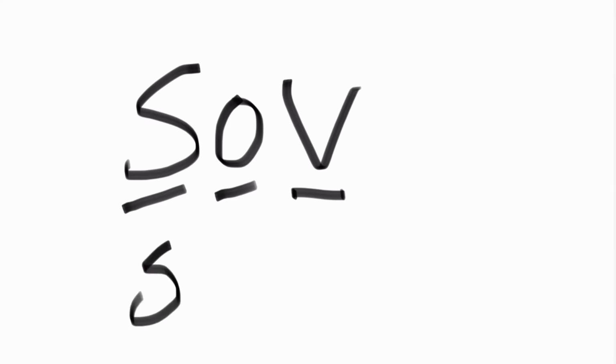So, as it was discussed in the introductory chapter, the Korean language follows SOV as a sentence structure, which means subject, object, and verb, unlike English, where we follow the subject, verb, and object pattern.